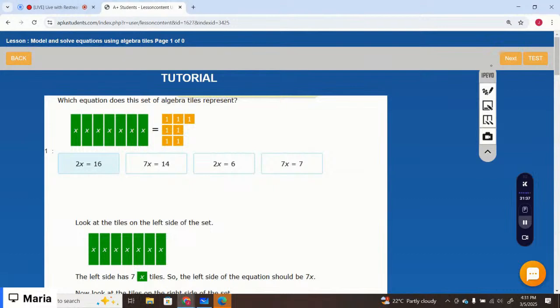That is 7x equals 1, 2, 3, 4, 5, 6, 7. That is 7x equals 7.